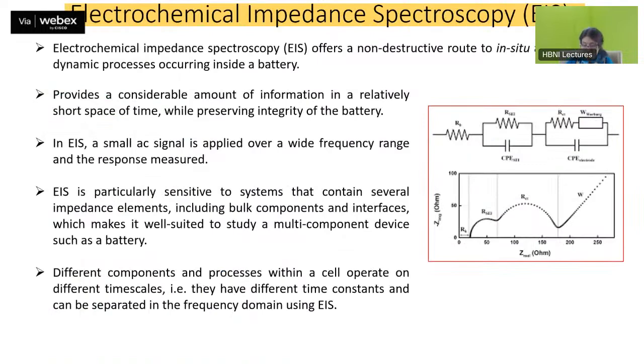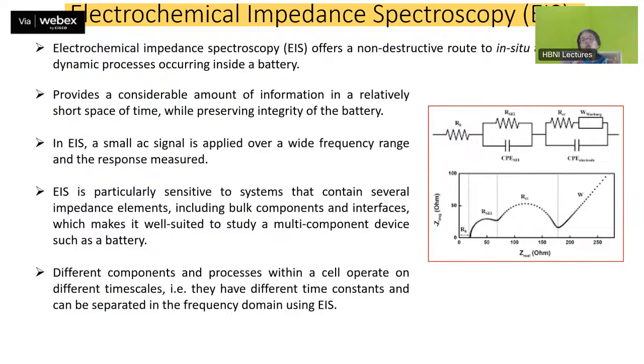Now, coming to the next category of testing, it is known as electrochemical impedance spectroscopy. This is a very nice technique that gives you a view of the in situ analysis of the dynamic processes occurring inside the battery. You now know how the electrochemical reaction is happening.